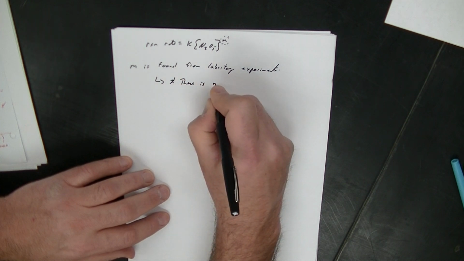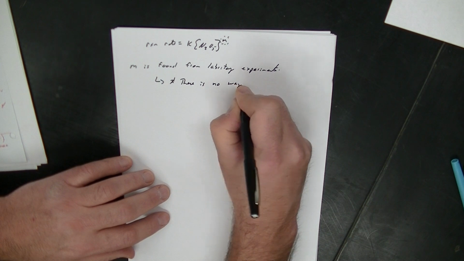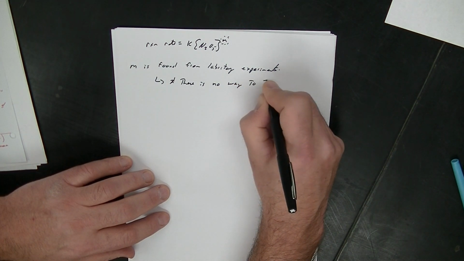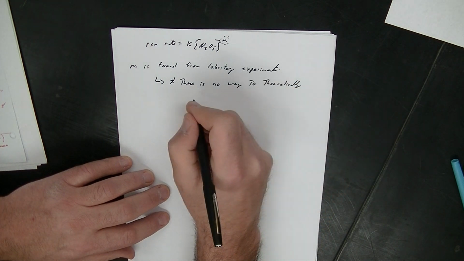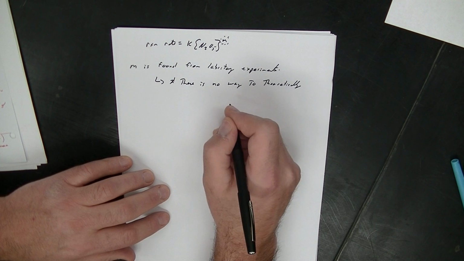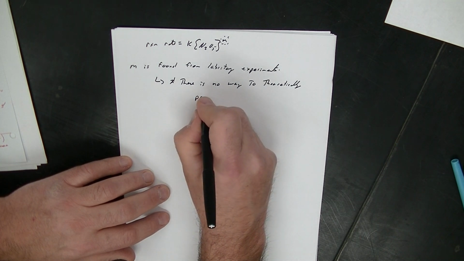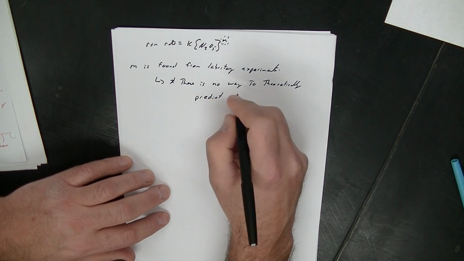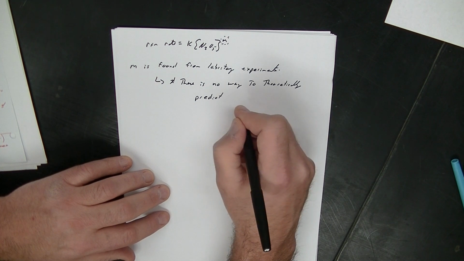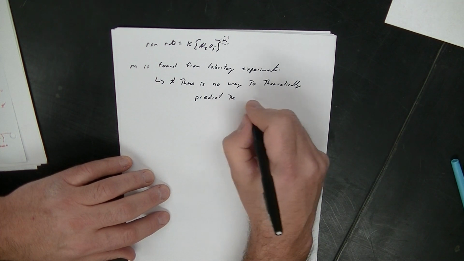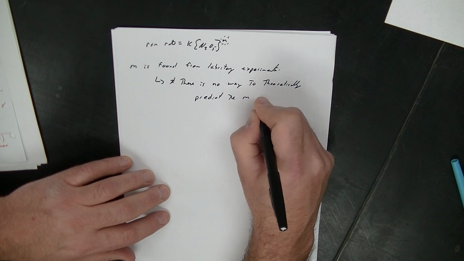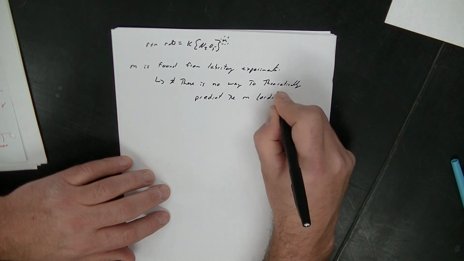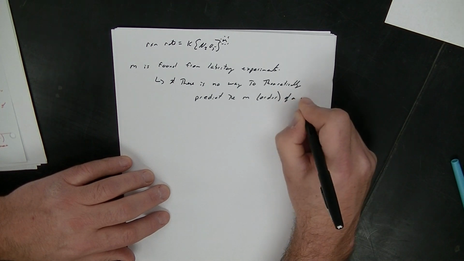There is no way to theoretically predict the M, or order, of a reaction.